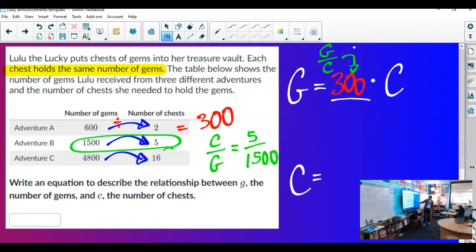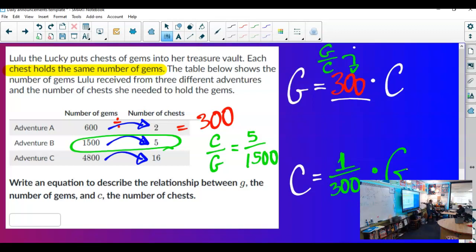Oh, wait, that reduces down to 1 over 300. It's the reciprocal. Because all I did was flip my equation around, but remember, we've got to have that times G out here. So the number of chests needed is 1/300th times G.